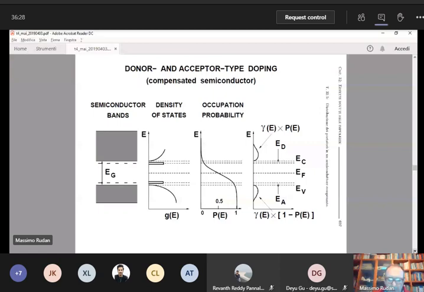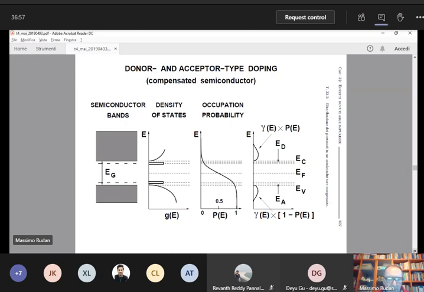This figure here shows a particular case, that is the case of a perfect compensation. If you introduce an equal concentration of donor dopants and acceptor dopants, the Fermi level will stay in the same position as in the intrinsic case. This is intuitive, okay?